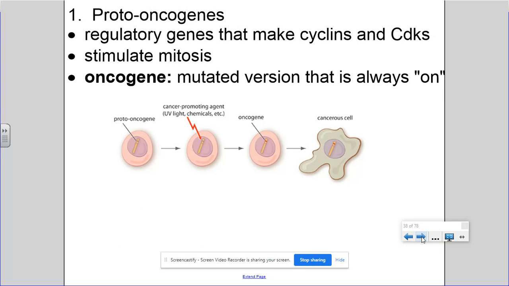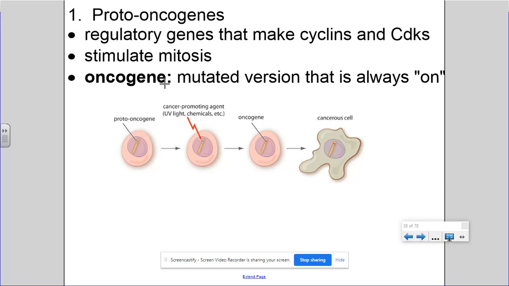Okay, so proto-oncogenes. This is one of the genes that controls the cell cycle. A proto-oncogene is something that everybody has. Proto means before, onco refers to cancer, like an oncologist. If there's a mutation in the proto-oncogene, we then call it an oncogene. In this case, the gene is always on.